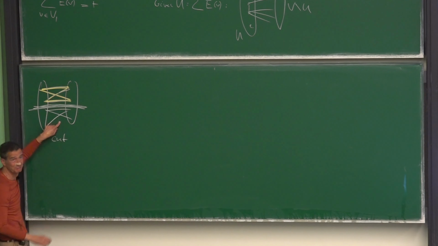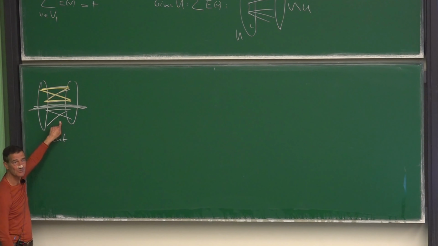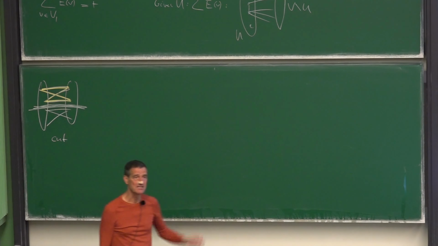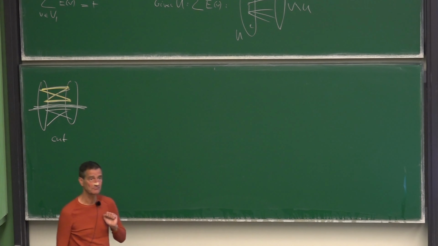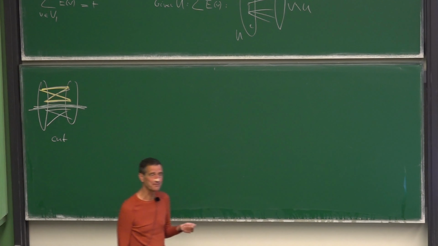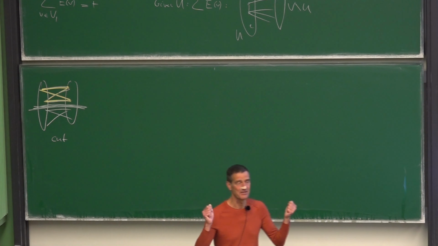Well, between what? In order for an edge set to be a cut, you need a partition of the entire vertex set, not only of half the vertex set, so that this set of edges is the set of edges across. And it's non-trivial to find these two vertex sets.